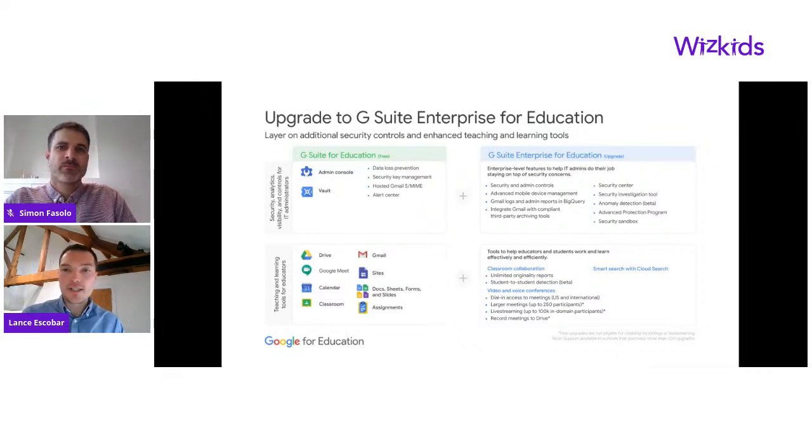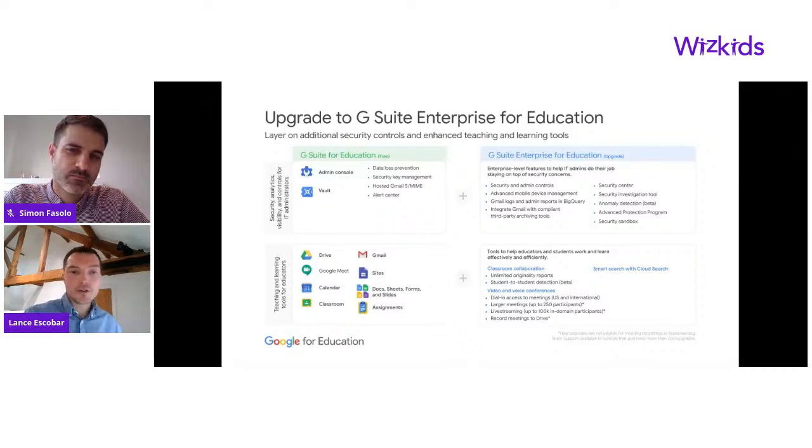There is an enterprise upgrade, and that's what we're talking about today, and that's everything you see on the right. There's a great increase in security and administration and deployment features, but there's also a great increase in the teaching and learning tools. We're going to talk about both aspects in this quick presentation. It's important to note that both parts are upgraded, and it is an upgrade path.